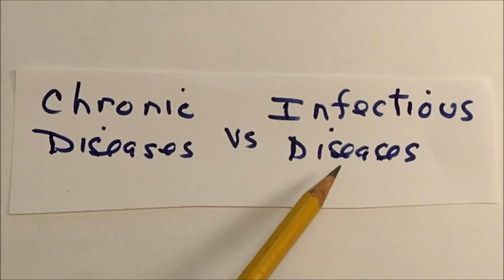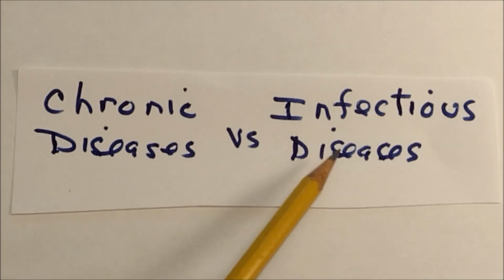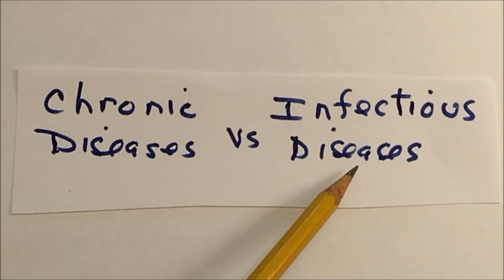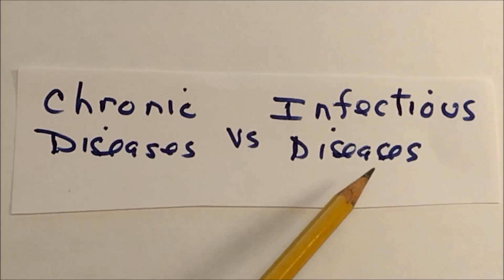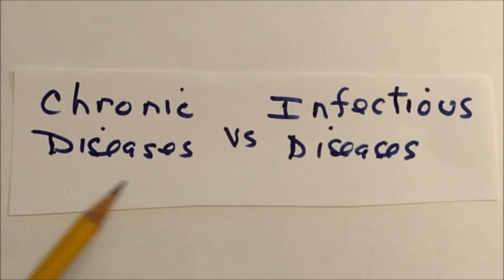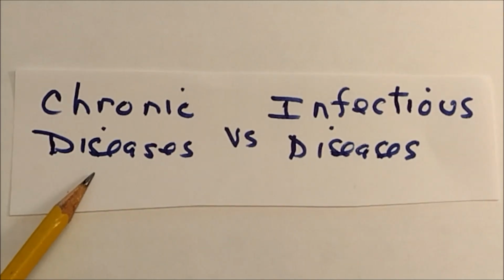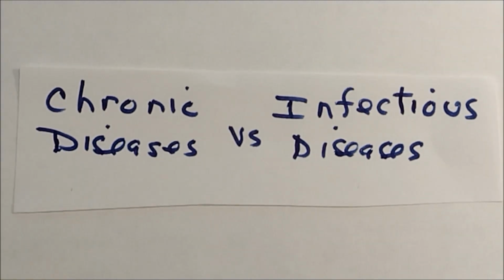Infectious diseases usually don't last very long. Either you recover from a germ disease or it gets worse and you go toward death. But infectious diseases are definitely caused by germs. Chronic diseases are not. They're a breakdown of the body. Okay, and today we're going to be looking at chronic diseases.